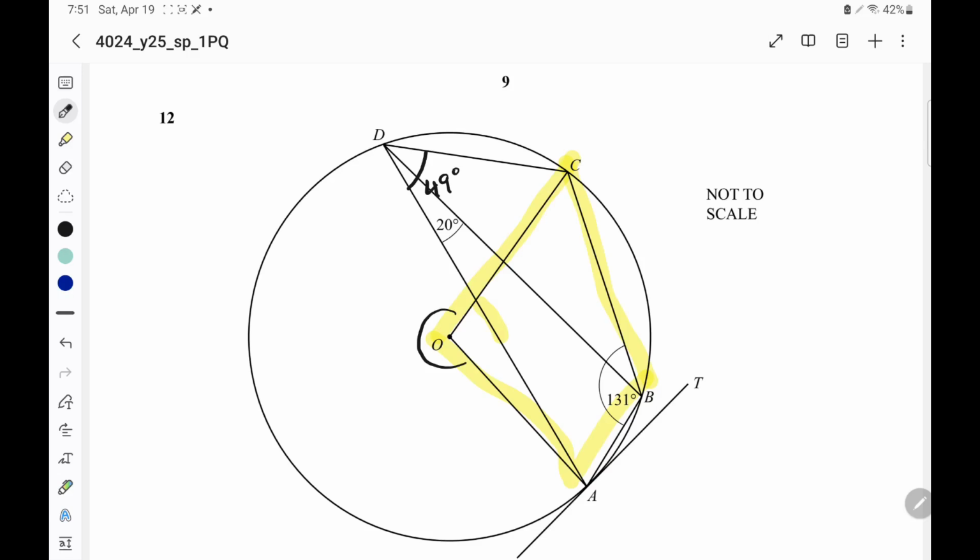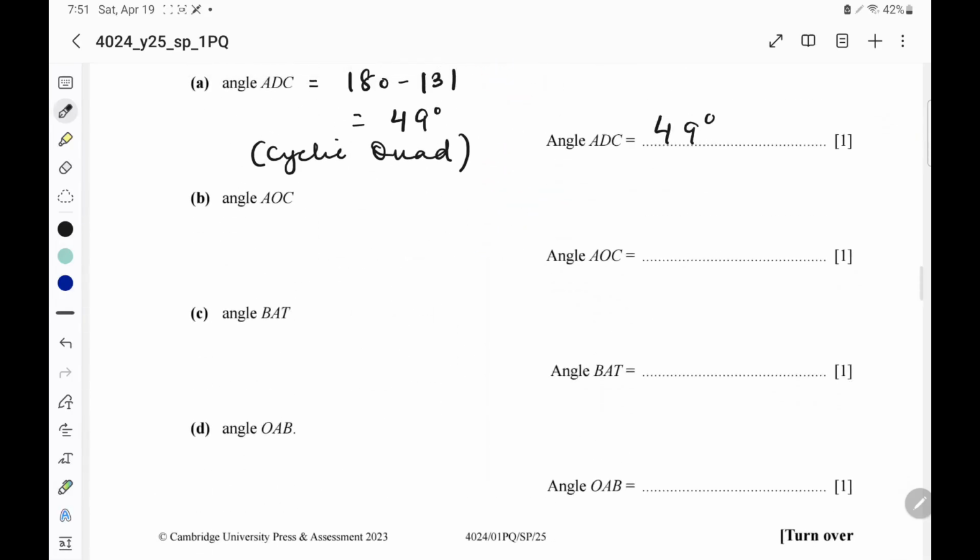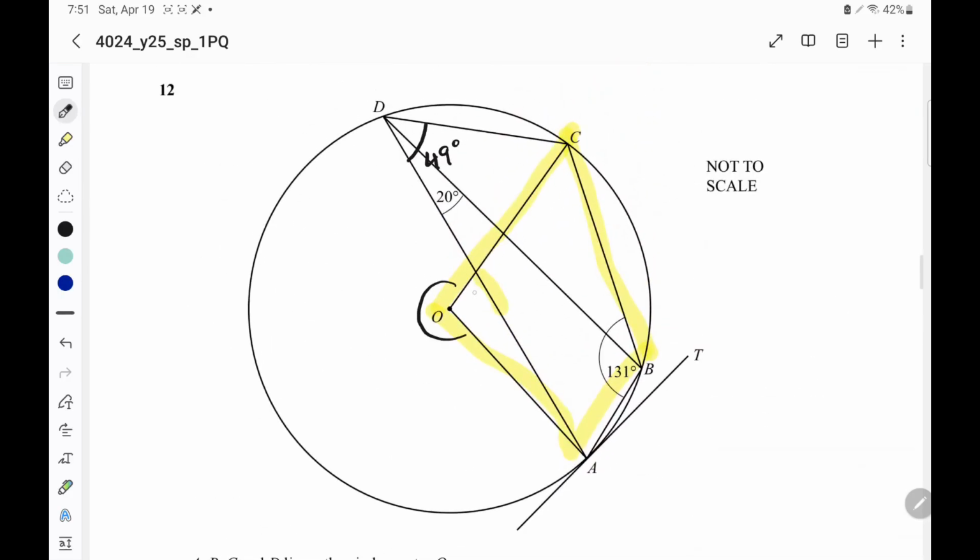So AOC reflex angle is 2 times 131, which is 262 degrees.